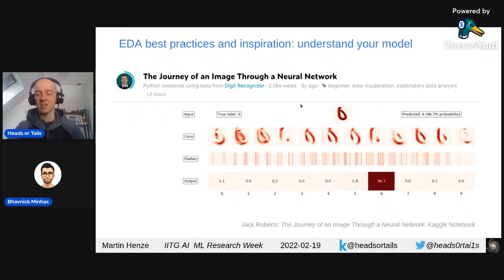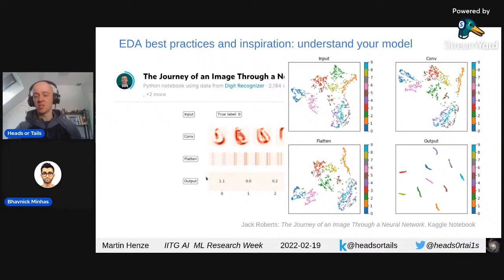This is about the MNIST data set, obviously, so it's about the digits, and he really puts a lot of effort into visualizing how the particular observation goes through the model, what a convolutional layer does, and you have the flattened layer, and then you have the output.